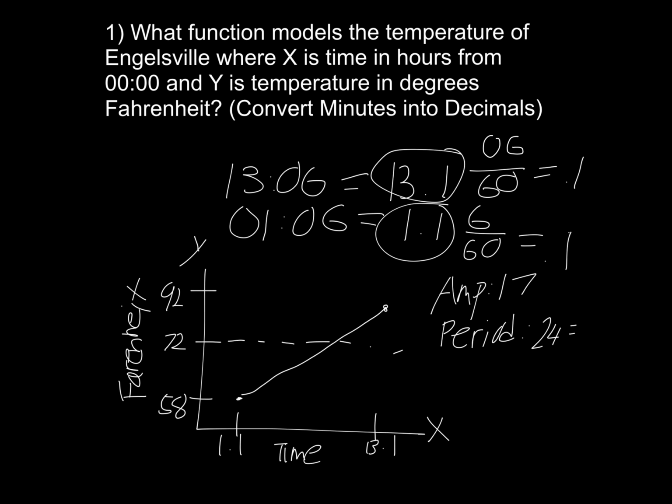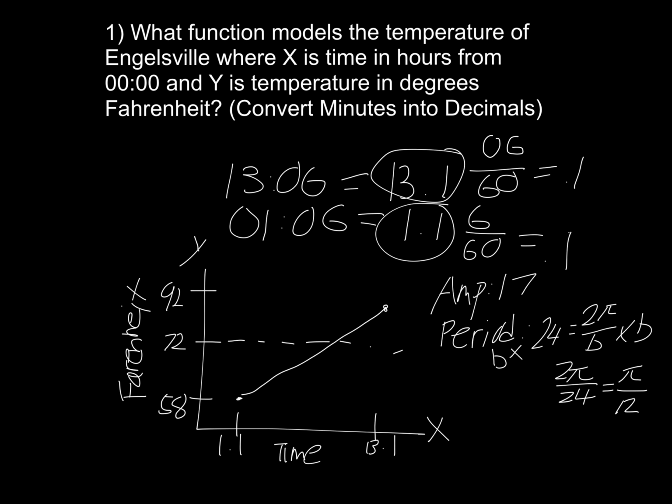So it equals 2 pi over b. So we basically just multiply by b and divide by 24. So it would be 2 pi over 24. And this gives us pi over 12.